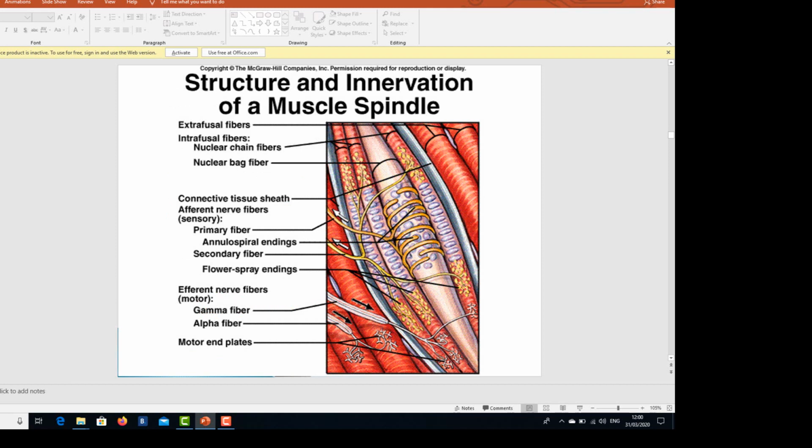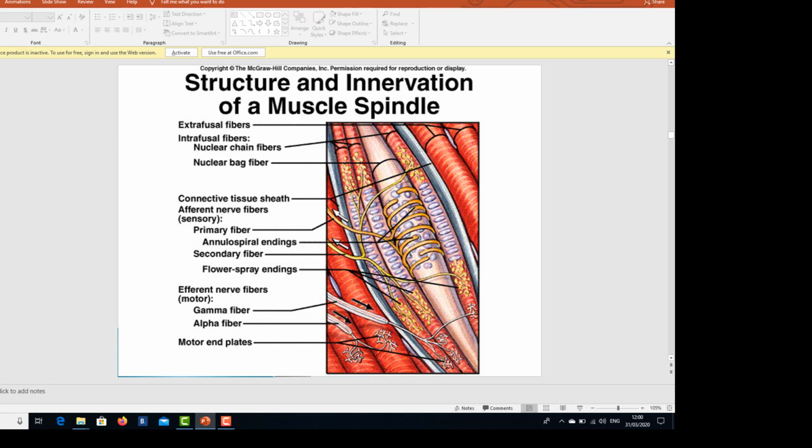Now, this is actually the mid portion of the muscle fiber. You can see that there is presence of muscle spindle and how the innervation is taking place. What are the primary fibers over there? For afferent nerve supply, we have secondary fibers. Then for efferent fibers, we have the gamma fibers and alpha fibers. The afferent nerve fibers are meant for the sensory supply, whereas the efferent nerve fibers are for the motor supply.